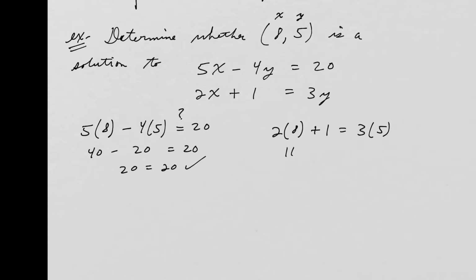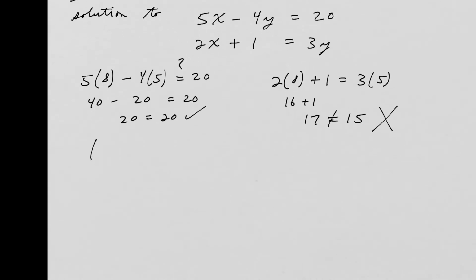So this is what, 16 plus 1, so 17 equals 15. No, right? That does not work. So since that point does not satisfy both equations, it is not a solution. So 8, 5 is not a solution to that system.